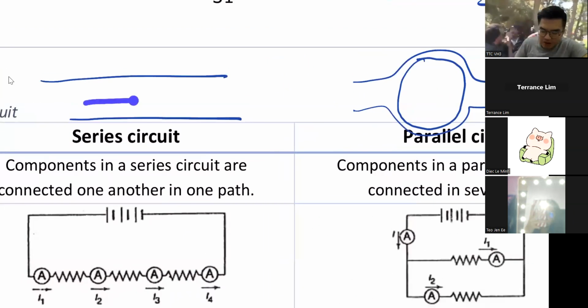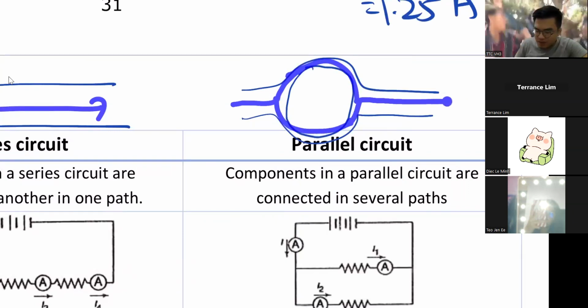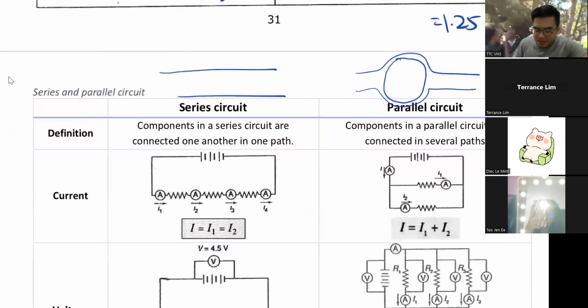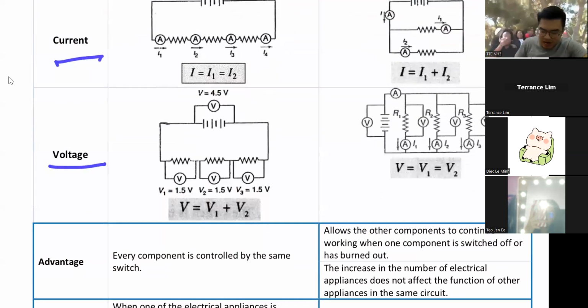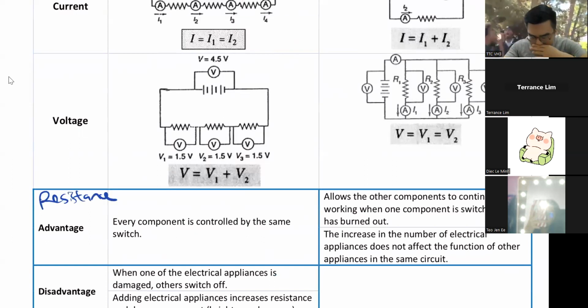So you see, this is one river. This is one main river split into two. It's okay. Let me talk about the current and the voltage, and please add one more resistance here. I'm sorry, I don't know why the column is gone.